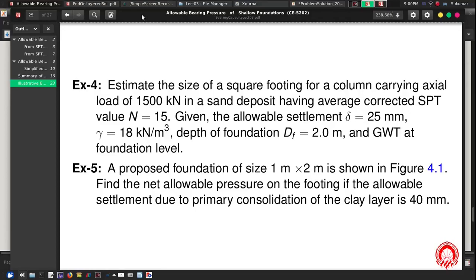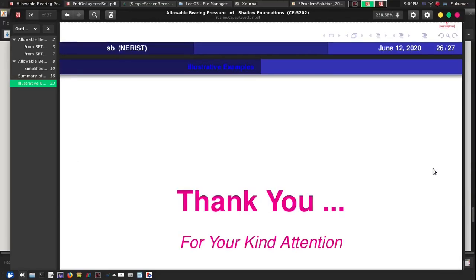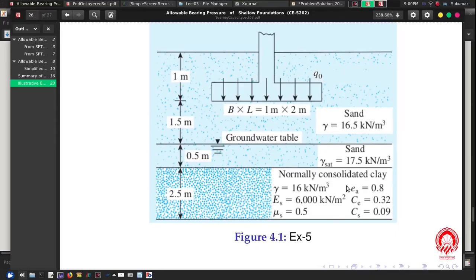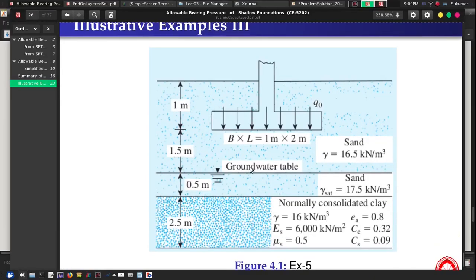So let us come to the last problem, example 5. A proposed foundation of size 1 meter by 2 meter is shown in figure 4.1. So let us see the figure 4.1. This is my figure. We have a 1 by 2 meter foundation in this soil profile. This is my sand. Two types of sands are there.